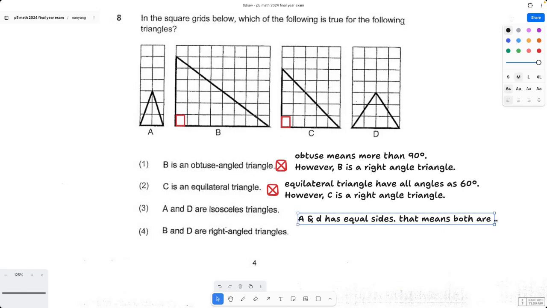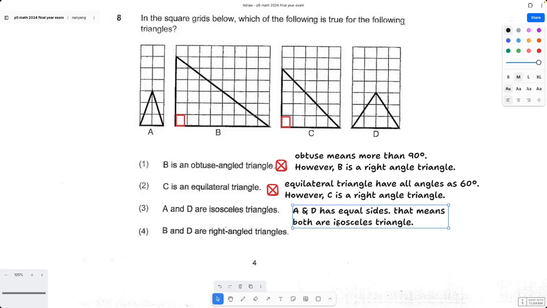So I'm gonna move this. An isosceles triangle has equal sides. And this is why this is a tick. There you go.